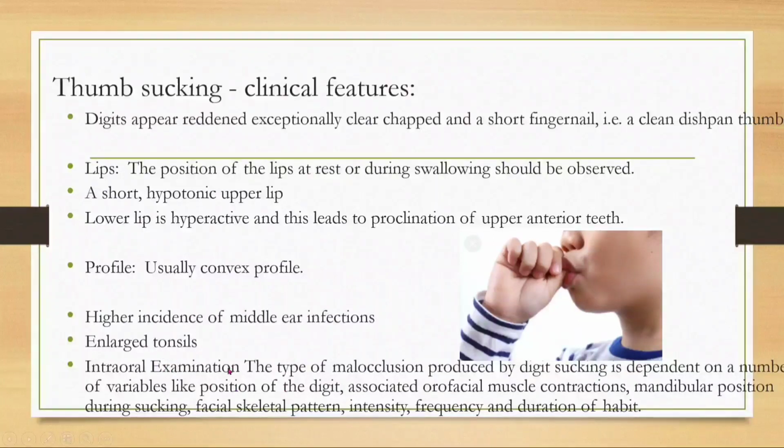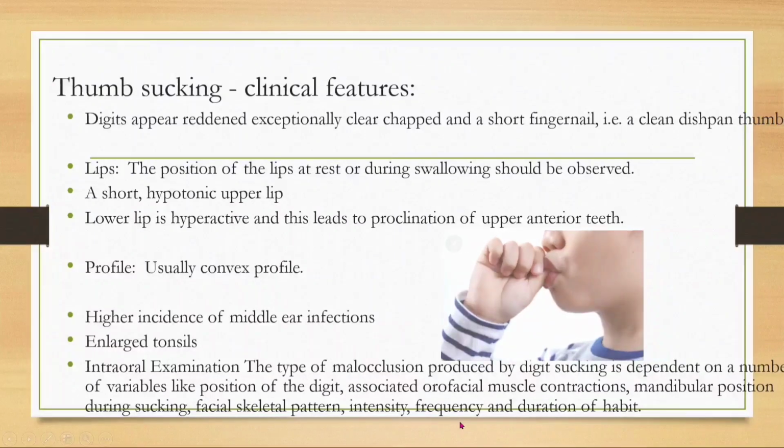Regarding the intraoral examination, the type of malocclusion produced by digital sucking is dependent on a number of variables like position of the digit, associated orofacial muscle contractions, mandibular position during sucking, facial skeletal pattern, frequency, duration and intensity of the habit.